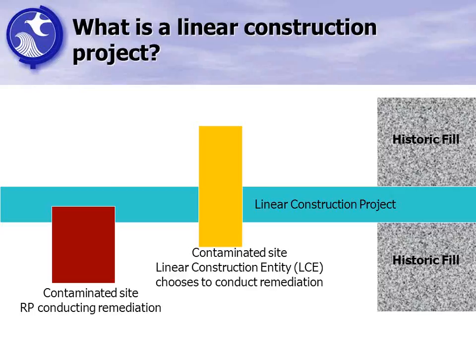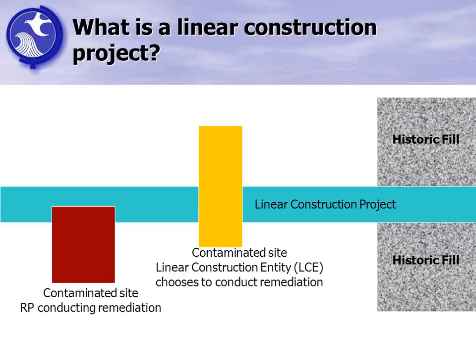This very simple graphic just shows the kind of projects you're going to run into. The blue line is a linear construction project that can be 50 feet wide. It can be 300 feet wide. It doesn't matter, but the concepts are the same. The red box shows a project where the responsible party, and when I say RP, I mean responsible party, is doing the remediation of that red site that is intersecting the linear project.